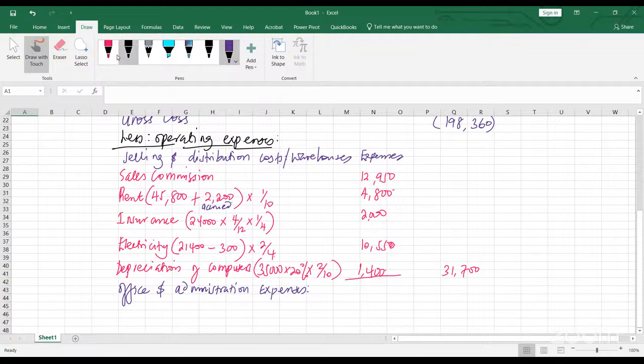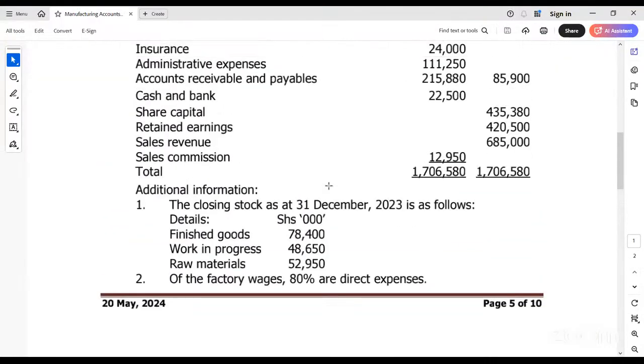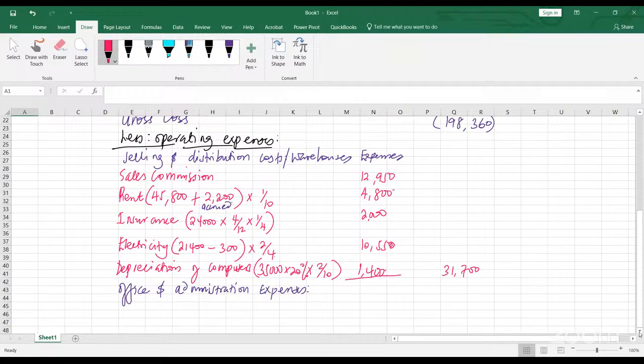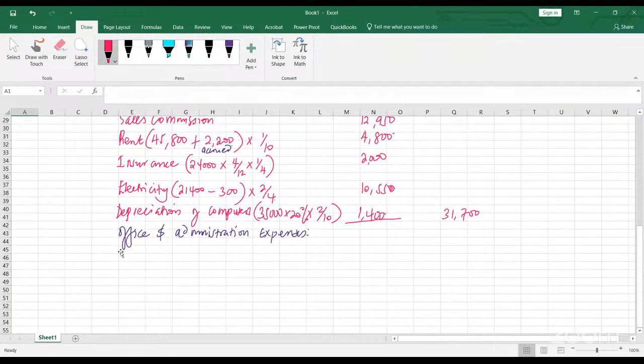So under office and admin, what do we have? Let's check and see. First of all, you have administrative expenses. So you first show those administrative expenses.